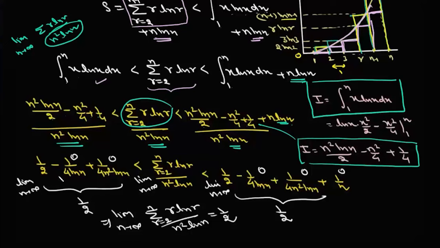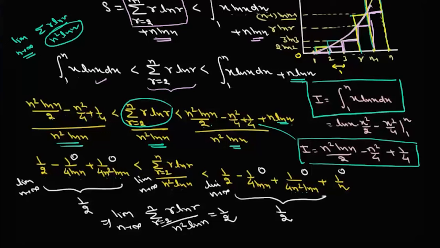So it will be 1 by 2 minus 1 by 4 log n plus 1 by 4 n square log n. This is summation r log r upon n square log n, and this is 1 by 2 minus 1 by 4 log n plus 1 by 4 n square log n plus 1 by n, and then we'll take this limit as n tends to infinity.